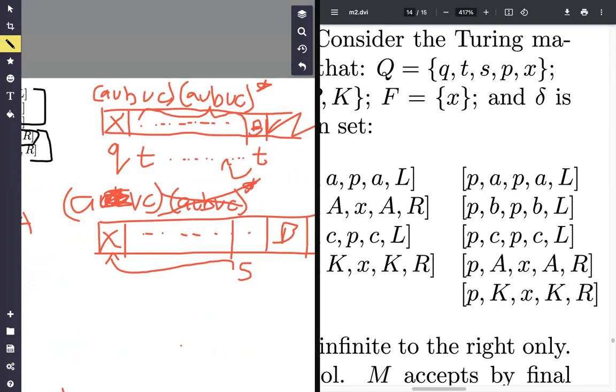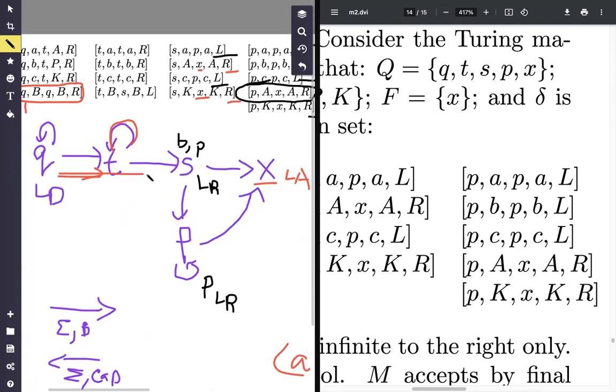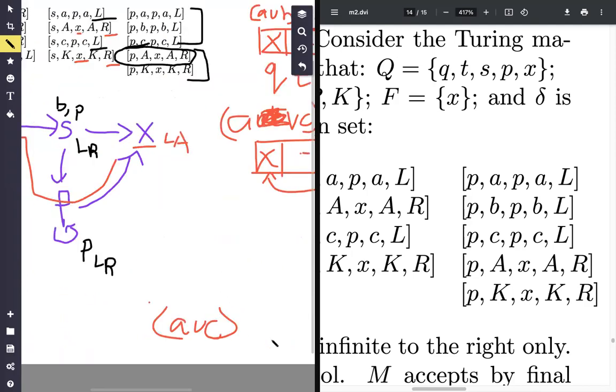What do we do if there's no final state? We'll get to a question that looks like that. I'm still confused on how you construct the regular expression from the transitions. I haven't answered, sorry. We haven't done this bottom part yet, where we go to state P and then get to X. So this is only half the answer.